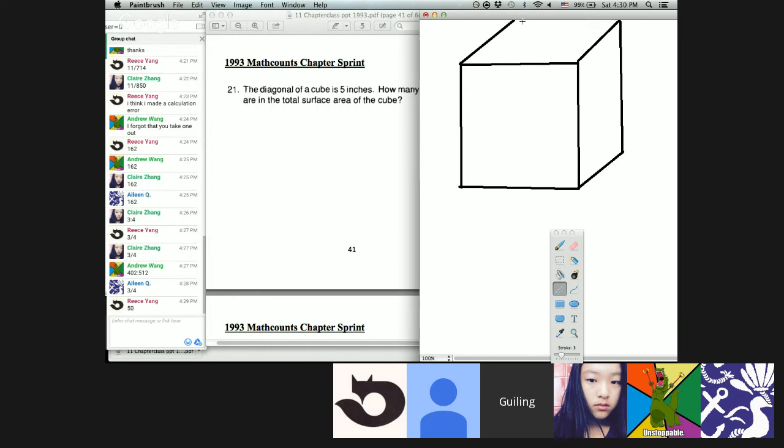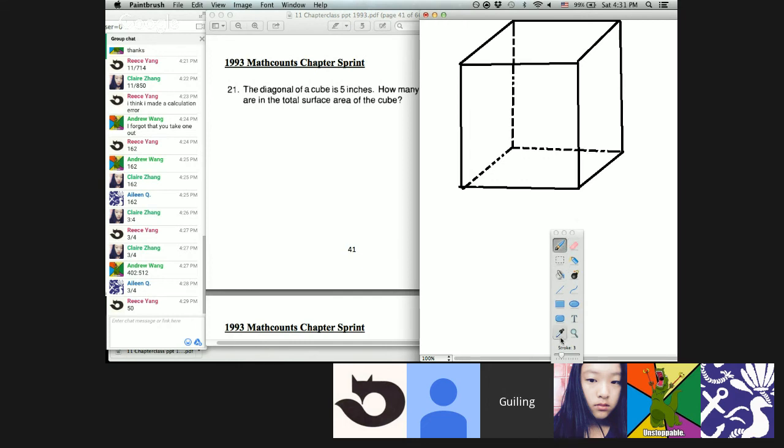Okay, so this is our cube. These are dotted lines because you can't actually see them if you're looking from the front direction. So I hope you can see my cube pretty well.